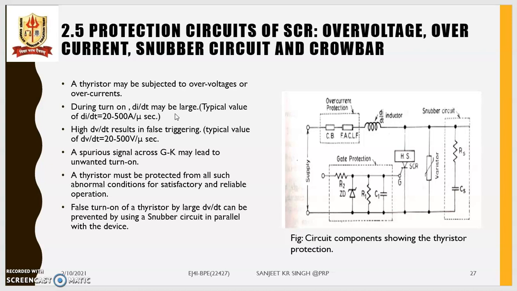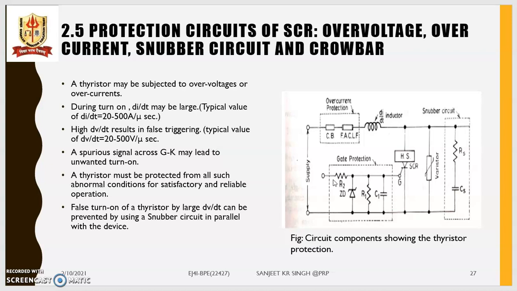And the typical rating of the di by dt is 20 to 500 ampere per microsecond, and similarly the high voltage rise is also one of the causes for false triggering, and the typical value for dv by dt is 20 to 500 volt per microsecond.